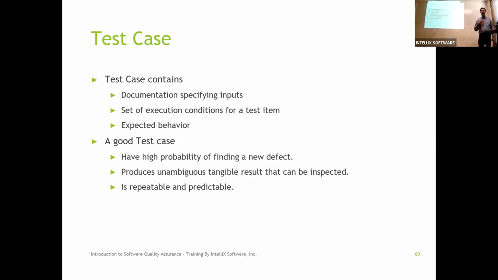If you repeat it over and over again, it should give you the exact same answer. If it gives you any different answer, then can you rely on that calculator? You can't, right? Because it's not giving you the right answer. So make sure all of your test cases are repeatable and predictable. That tells you whether there is consistency and stability in the system or not.